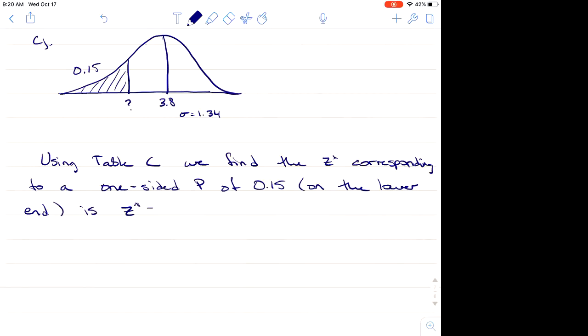Z star equals, so we find 0.15 is negative 1.036. Negative, because we're in the lower end.